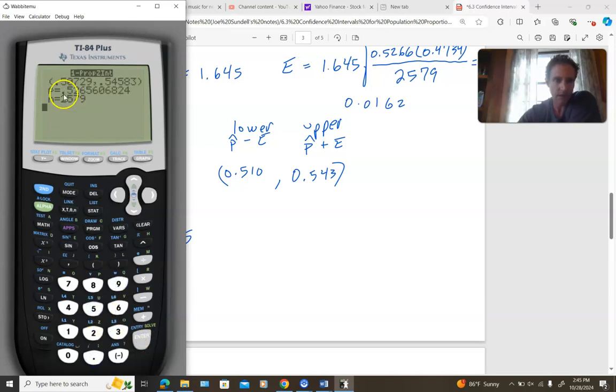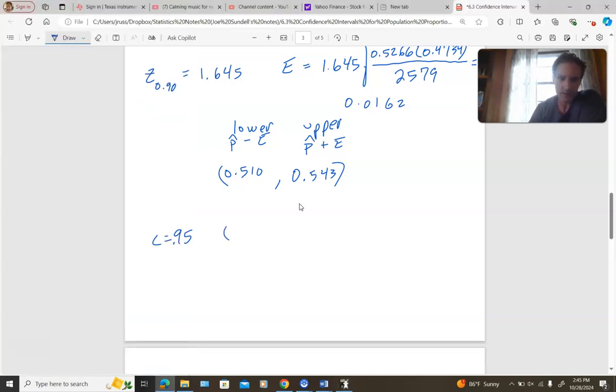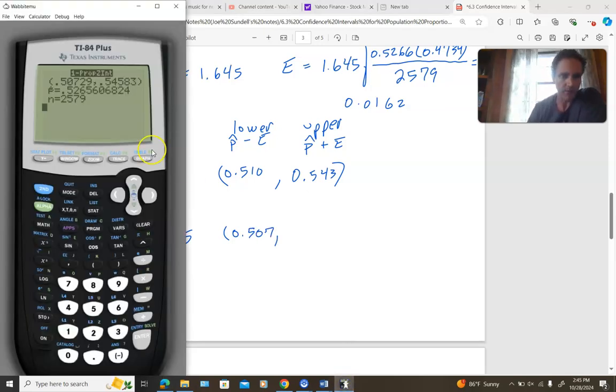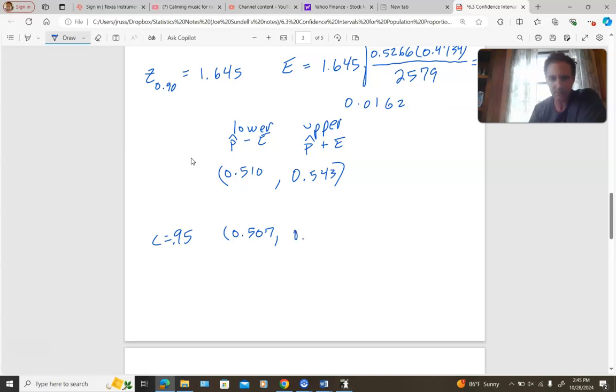Now, here it is. Let's go ahead and write it down and compare it with the 90% confidence interval. So this one rounded to 3 decimal places, the lower bound would be 0.507, and the upper bound would be 0.546.